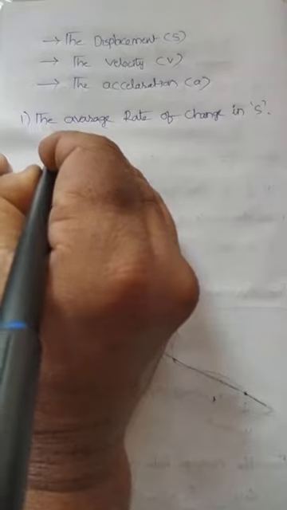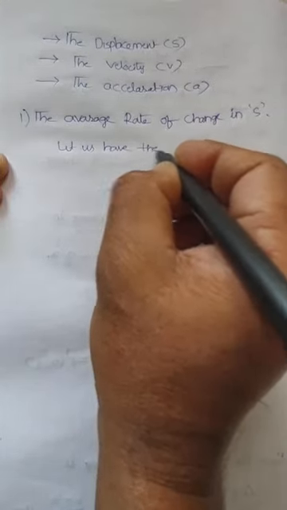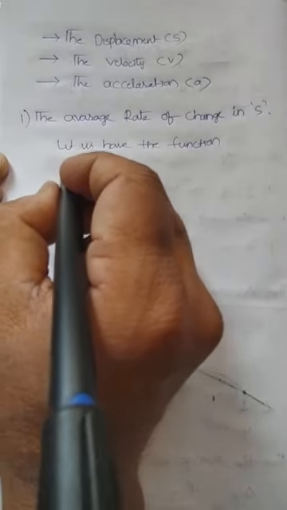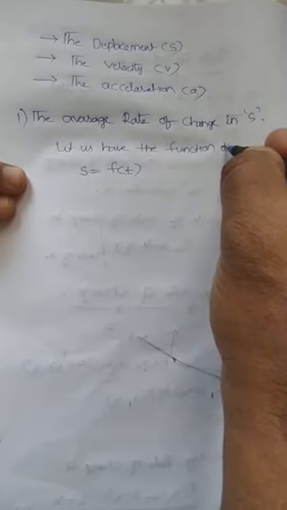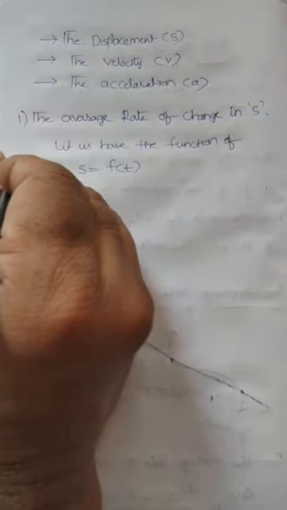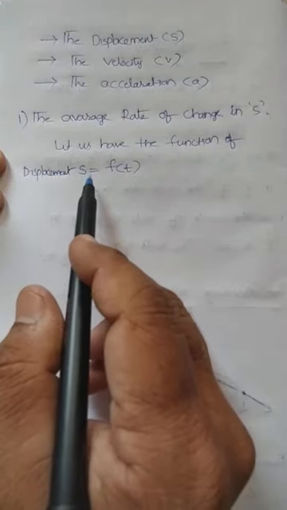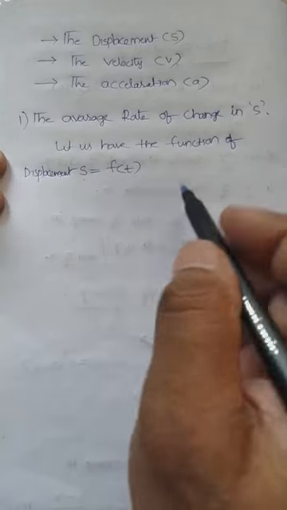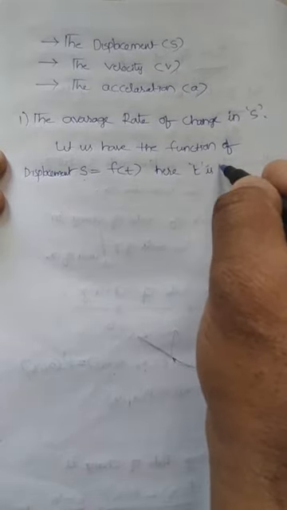Now let us have the function of displacement defined as S equals f of t, where S is the displacement and t is time.